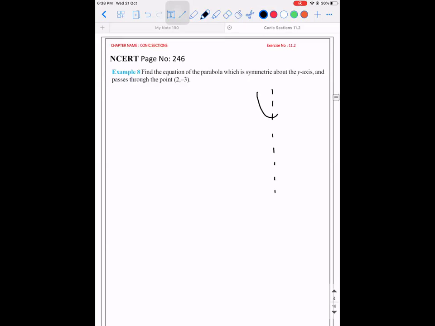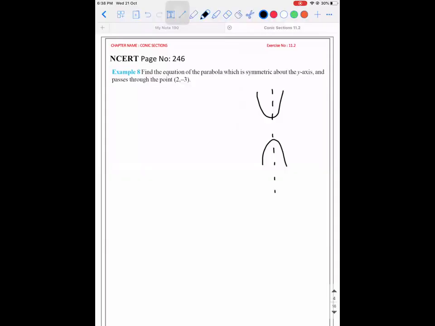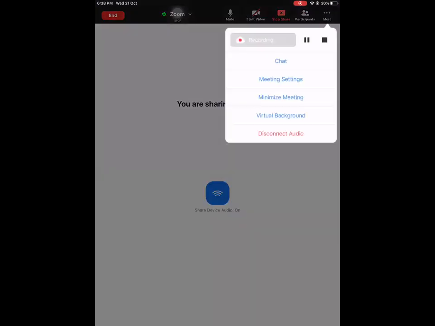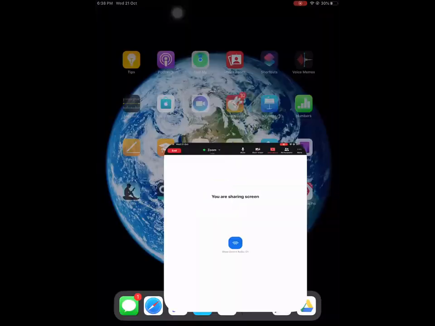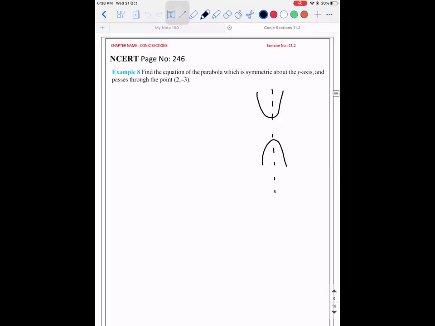It can either be an upward parabola or it can be a downward parabola. But out of these two, there is only one condition that is possible. How will you decide that? According to the given question, are they talking about upward or downward? You can decide that if you look at the point through which it is passing.